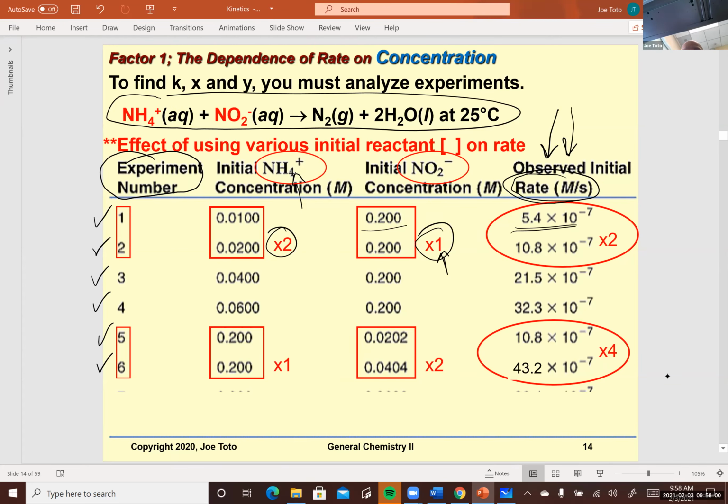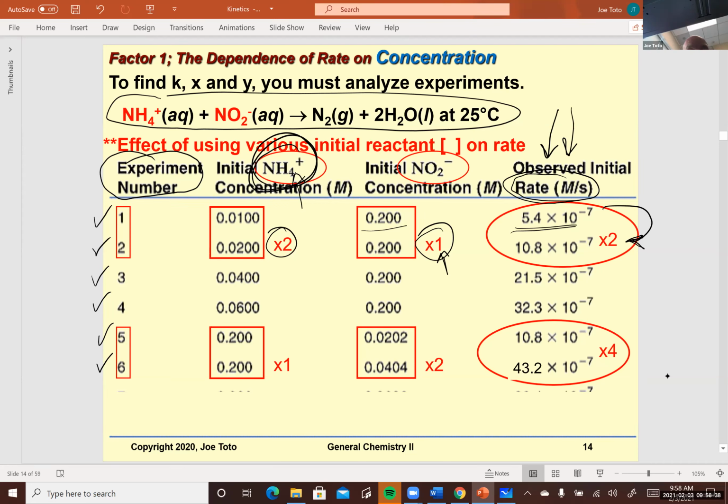So this is a common scientific method where when you want to deduce experimentally the effect of something, you make sure that everything else is held fixed. So by comparing experiments 1 with 2, I'm essentially analyzing the effect that the concentration changes of ammonium has on the rate. What happens to the rate when I double the concentration of ammonium, keeping nitrite fixed? It doubles.